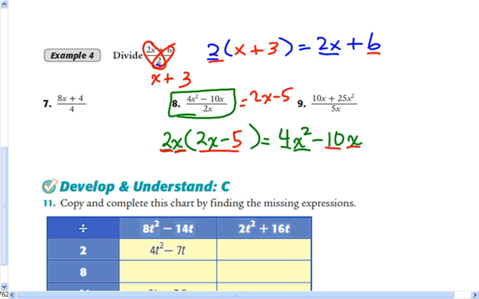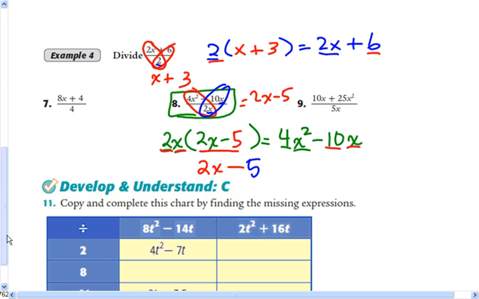And just to show there's another way, remember you could divide it this way. 4 divided by 2 is 2. x squared divided by x, that's x to the second divided by x to the first. 2 minus 1 is 1, so 2x. And then minus, the other division is 10 divided by 2 is 5, and x divided by x is just 1, or x to the 0, which is 1. So I can get the answer that way.